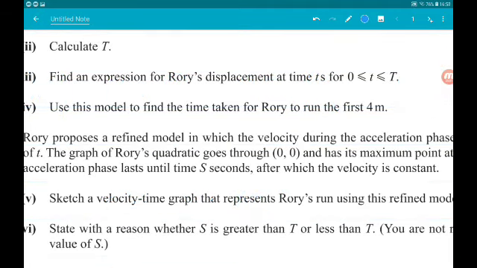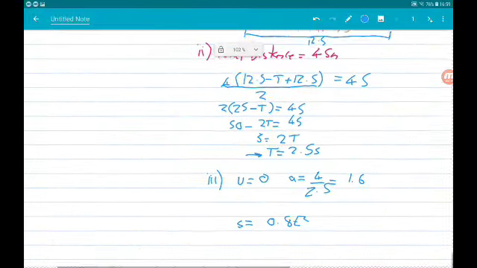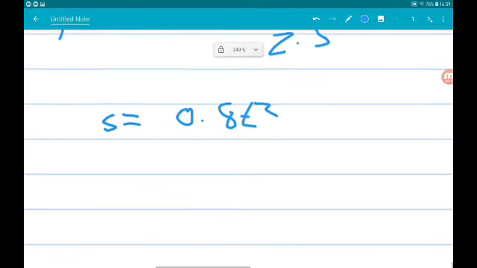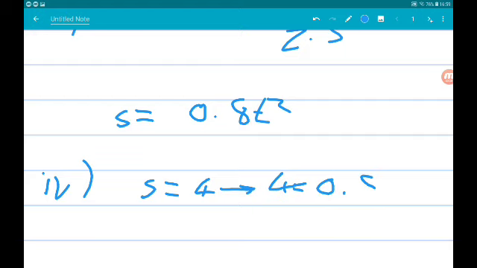Okay, part 4, we want to use the model to find the time taken for Rory to run the first 4 meters. So, for that then, we need s to equal 4, which means then that 4 is equal to 0.8 t squared.